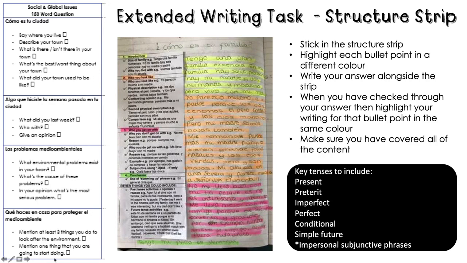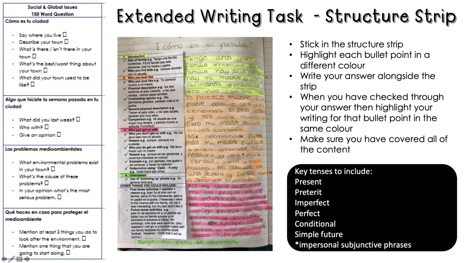Obviously, I'm not asking you to print it because it's not fair for you. But you have that in front of you, this structure strip, and you have some instructions here. So again, you don't have to print it because you cannot. But if you have highlighters, each bullet point, do that in a different color.